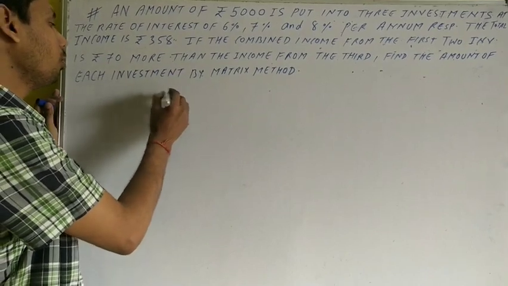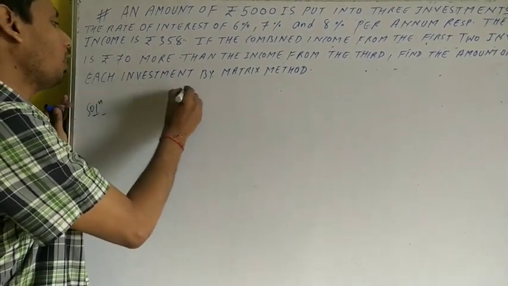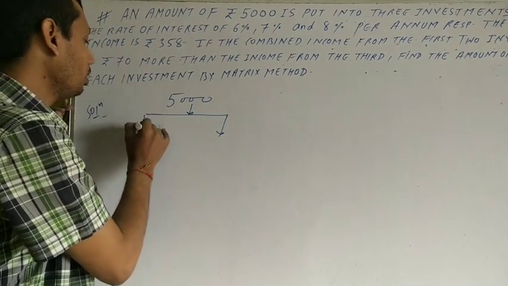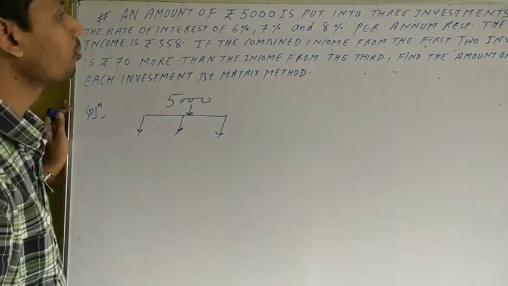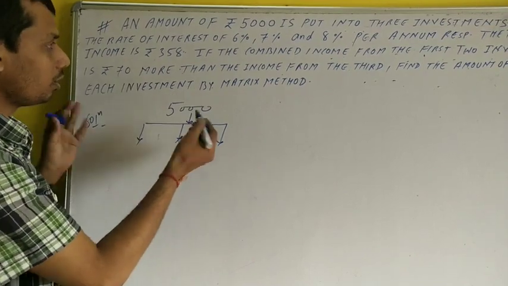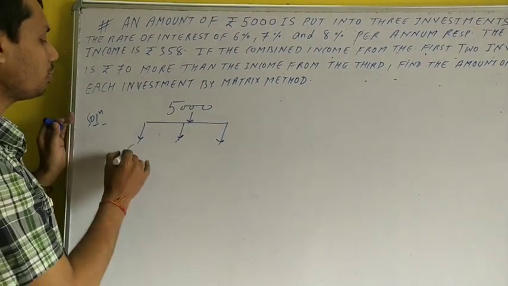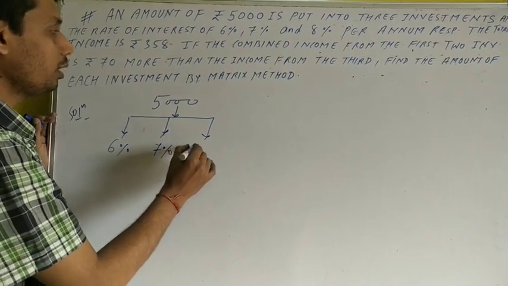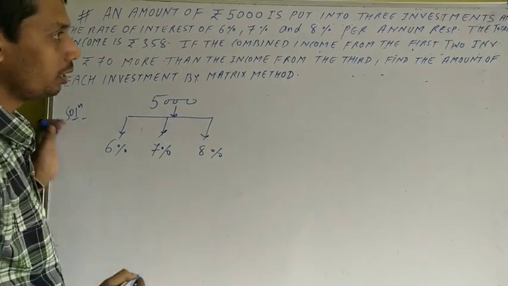Now see, rupees 5,000 is being invested in, let us assume, 3 different firms giving annual interest of 6%, 7%, and 8%.